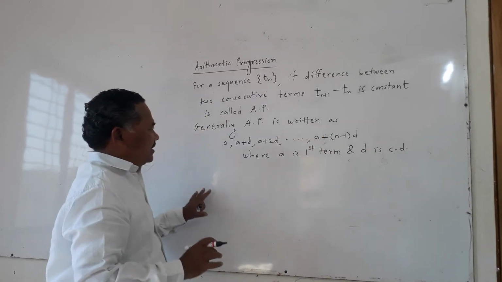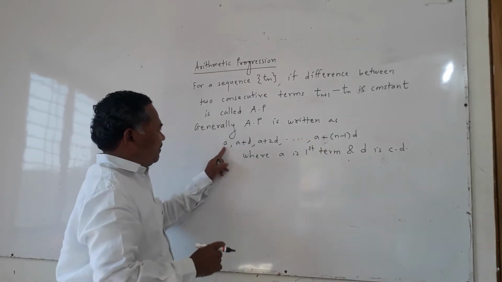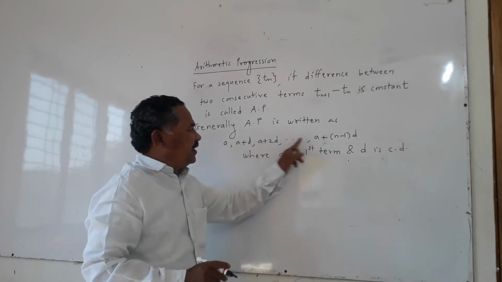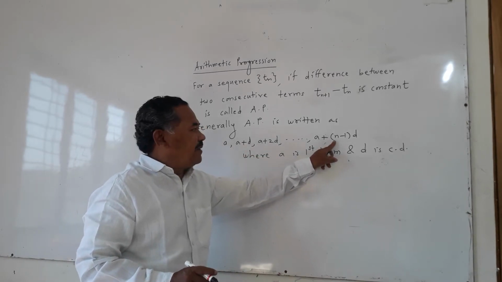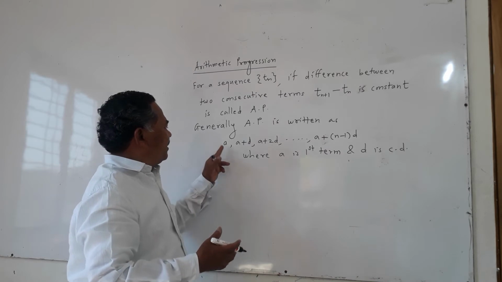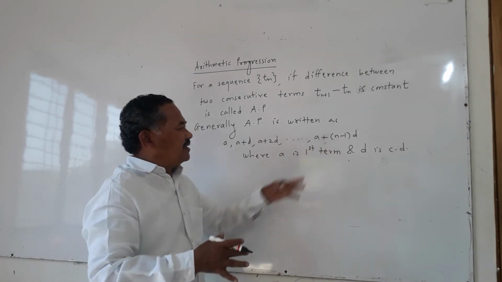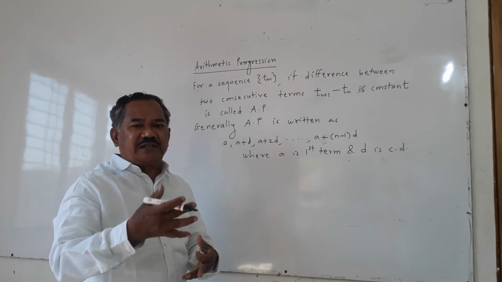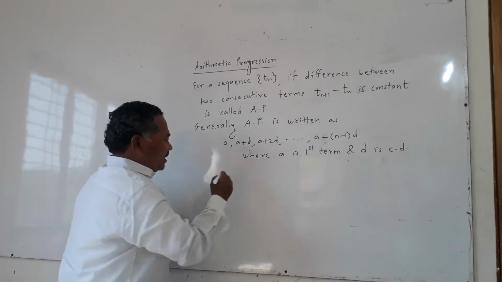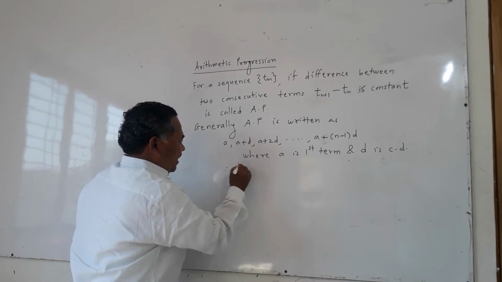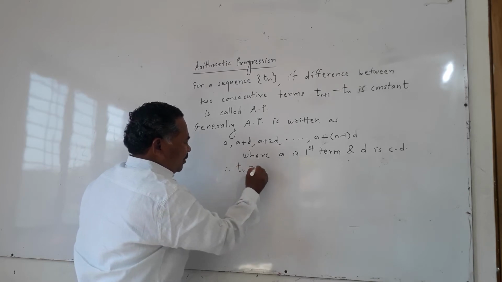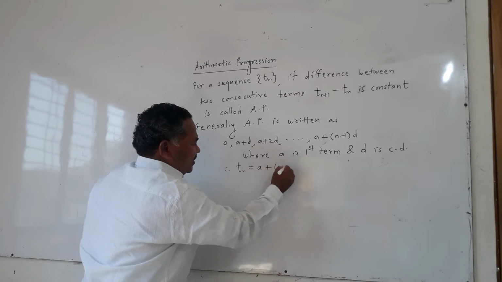Remember. This is T1, this is T2, this is T3, and in this manner this is T sub n. Therefore, T sub n is equal to a plus (n minus 1) into d.